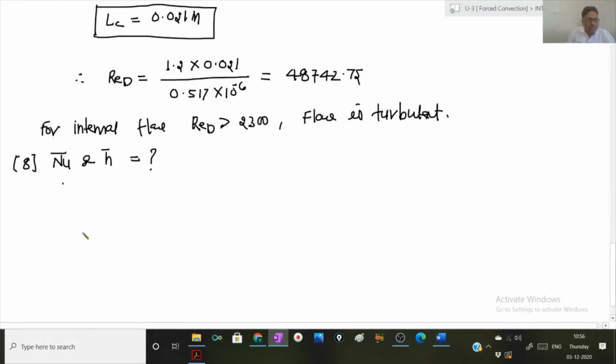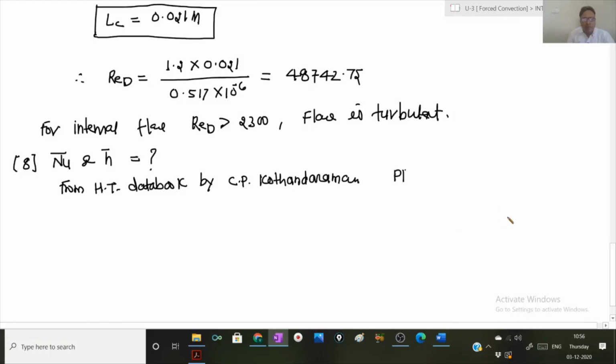So I can say from heat transfer data book by C.P. Kothandaraman, page number 126 and equation 2.3.1.